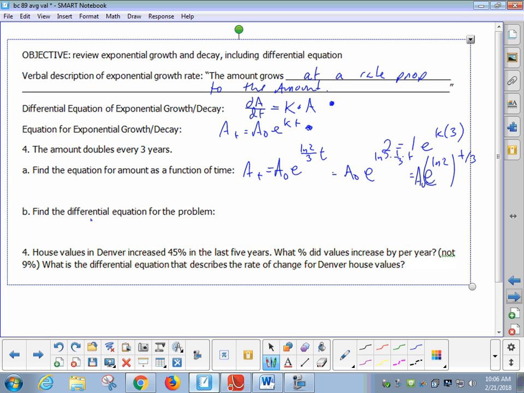And what is e to the natural log of 2? 2. So this amount equation is really the initial amount times a factor of 2 for doubling every 3 years. If 3 years passes, you'll double once. If 6 years pass, you'll double twice.